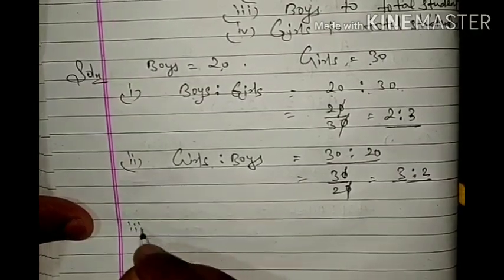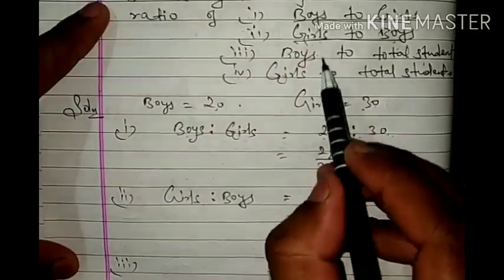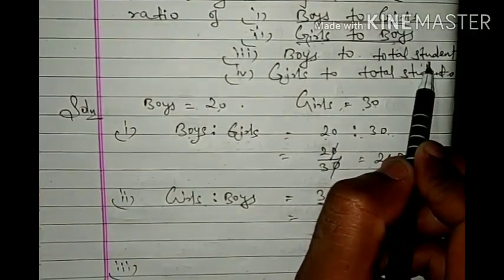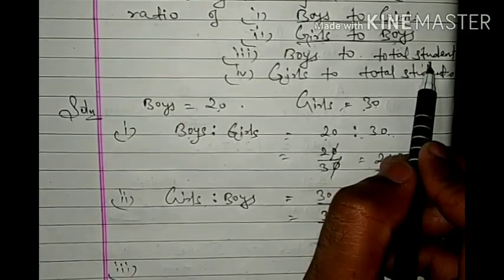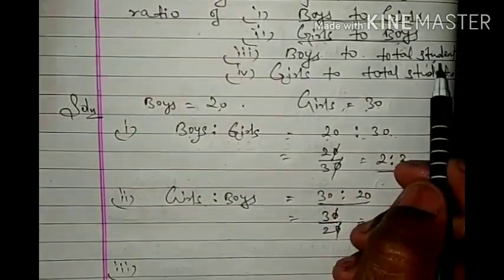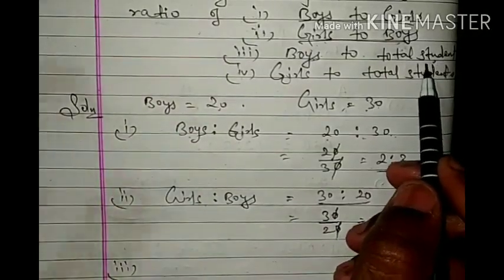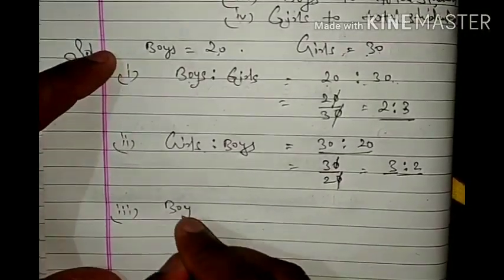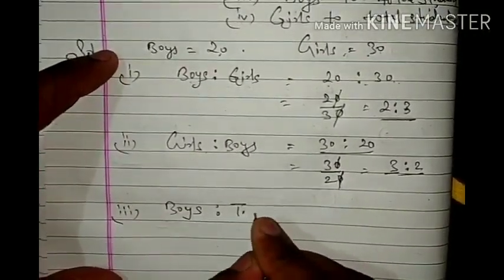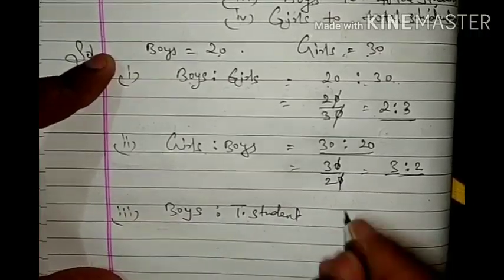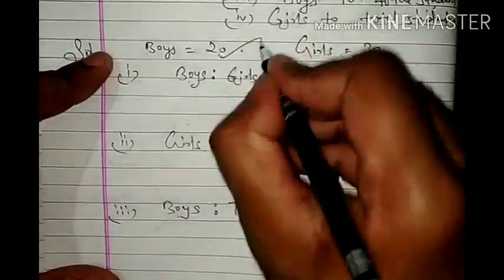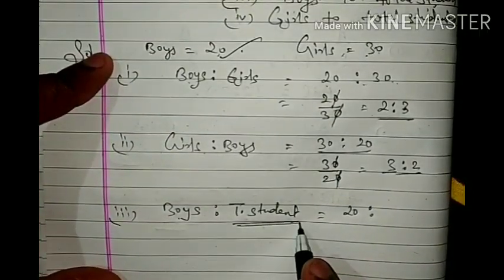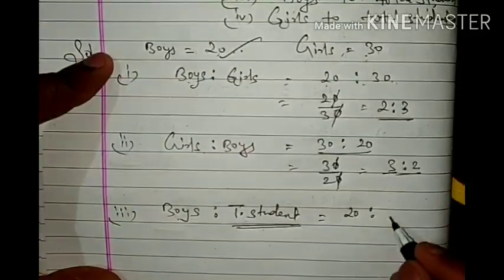Third question. In the third question we are discussing boys to total students. Now you can understand whenever I am saying total, what does this mean? Comparison of part to whole. A part is being compared with the whole. Boys to total students, so I can write here boys ratio TS, where TS means total students. What is the number of boys? The number of boys was 20. What is the total students in the class? Total students is the number of boys plus girls, that is 50.